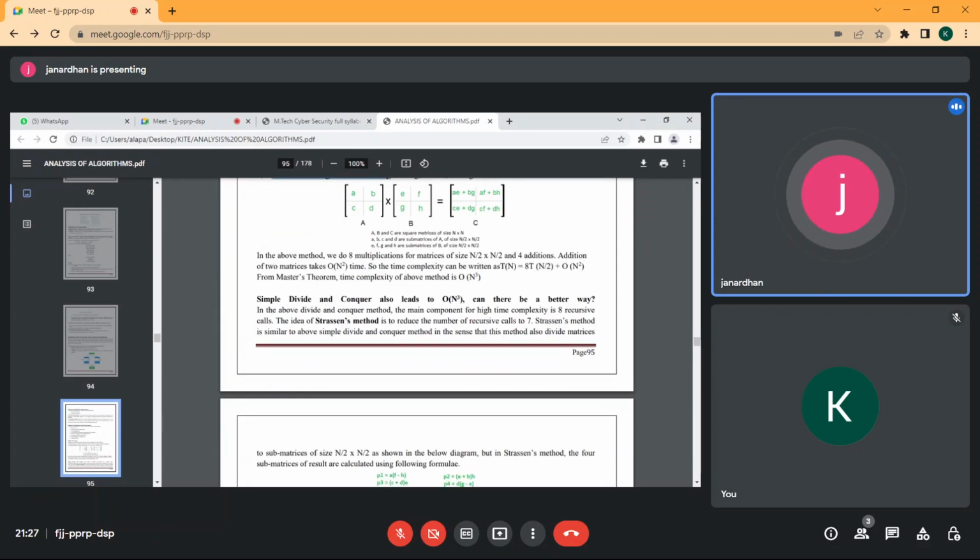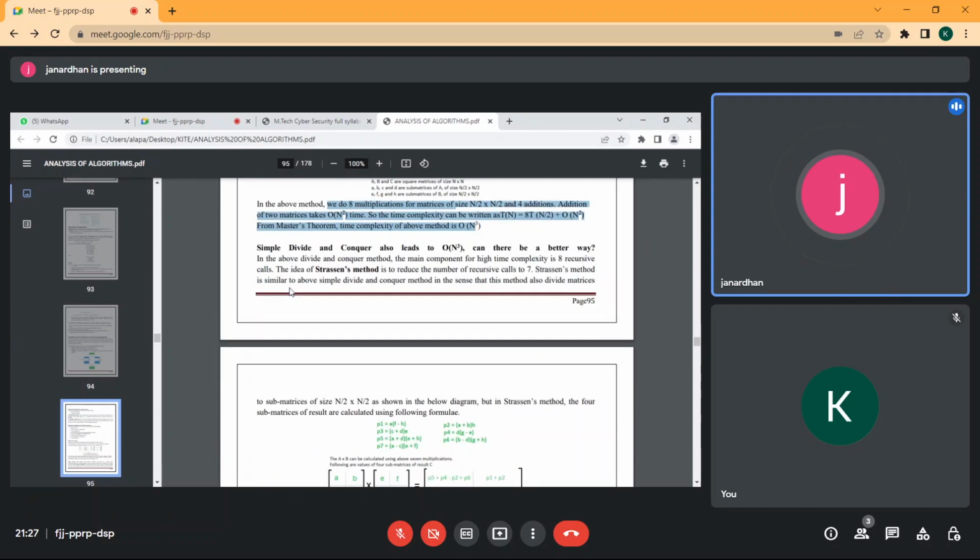In the above method, we do 8 multiplications for matrices of size n by 2 by n by 2 and 4 additions. Addition of two matrices takes big O of n square time. So the time complexity can be written as T of n equal to 8 into T of n by 2 plus big O of n square. From the Master's theorem, the complexity of the above method is big O of n cube. Simple divide and conquer also leads to big O of n cube.